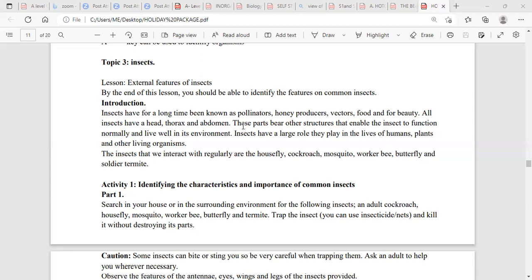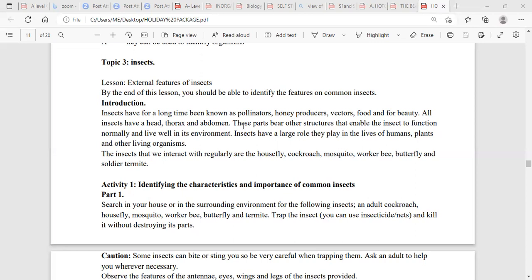The lesson of today is the external features of insects, and by the end of this video, you should be able to identify the features on common insects. Insects have for a long time been known as pollinators. Some of them are honey producers. They are vectors.